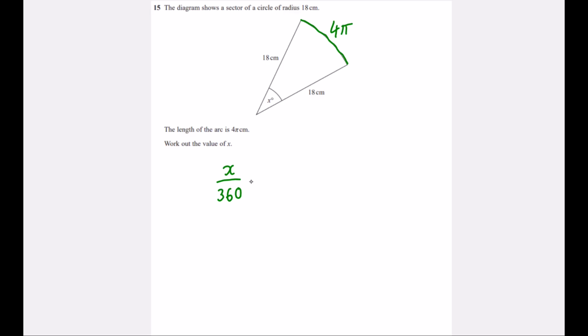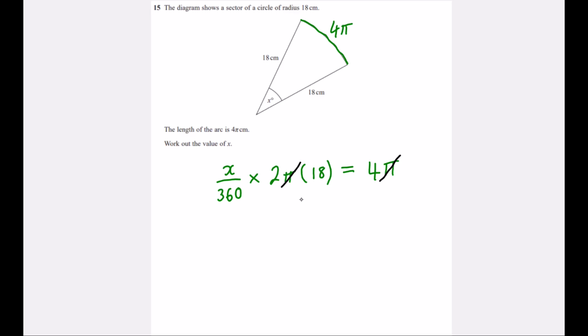So this fraction of the circumference, which is 2 pi r, or pi times the diameter, is 4 pi. And then we can just work out what the missing number is. What is x? So let's divide both sides by pi to start with.